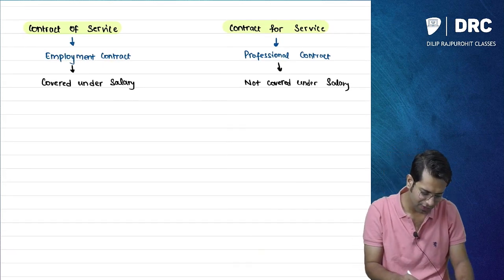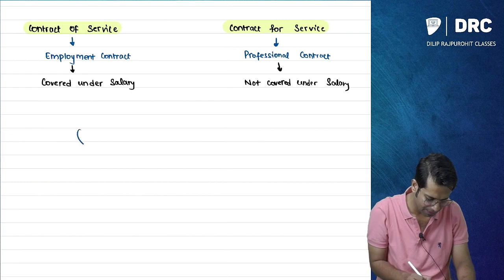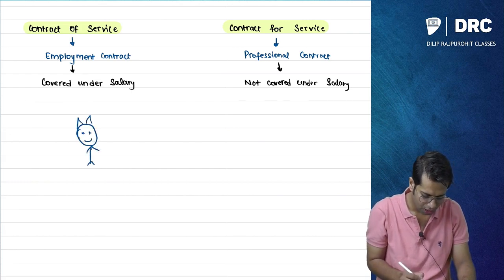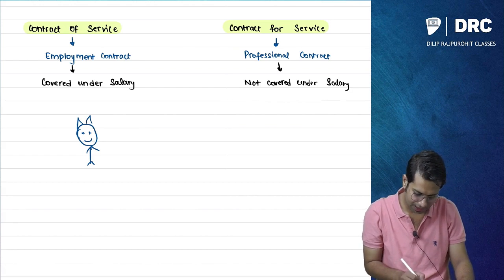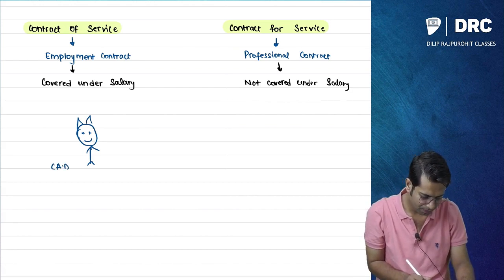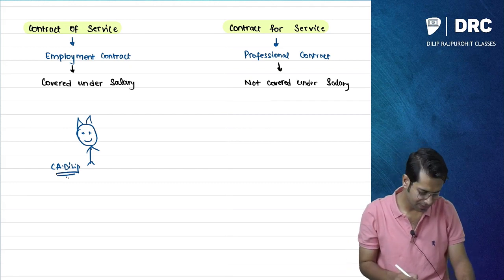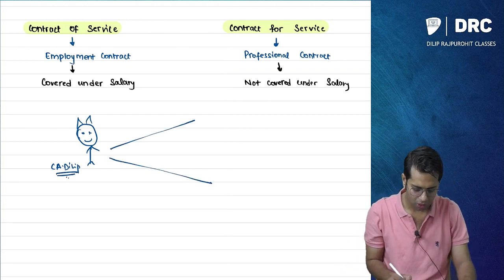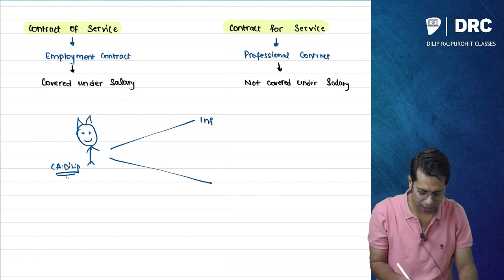In simple words, if I want to give you a simple example, say for example, there is Mr. Dilip. Dilip is a chartered accountant. Please understand this carefully.